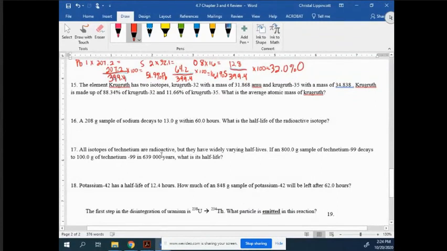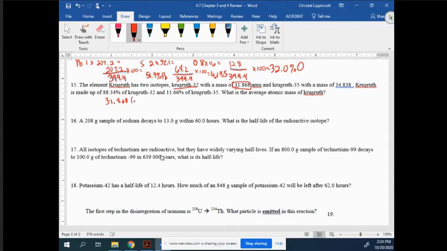The next one is an average atomic mass. We've got two different types of this isotope. We have one with this mass, 31.868, and it says that I have 88.34.